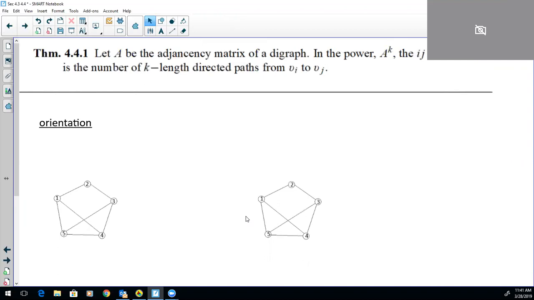Okay. The next idea is the notion of an orientation.